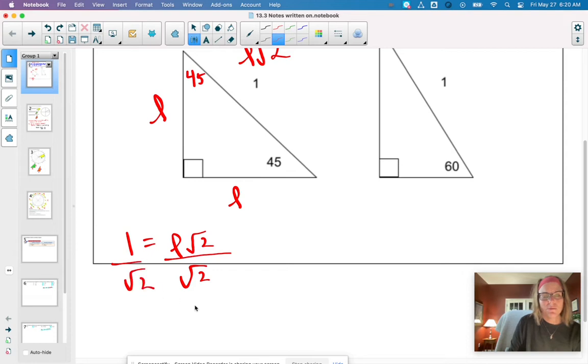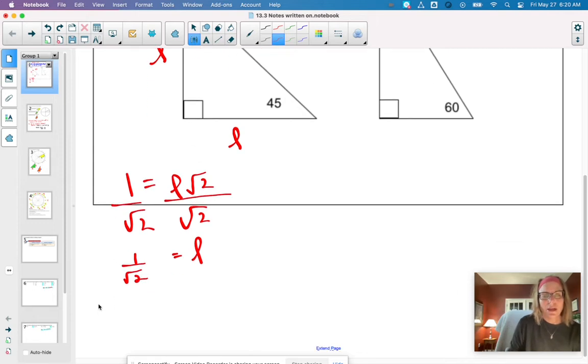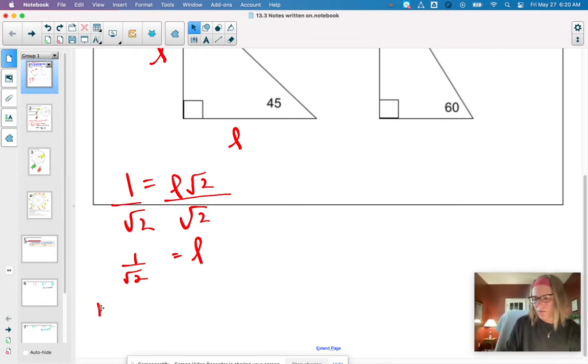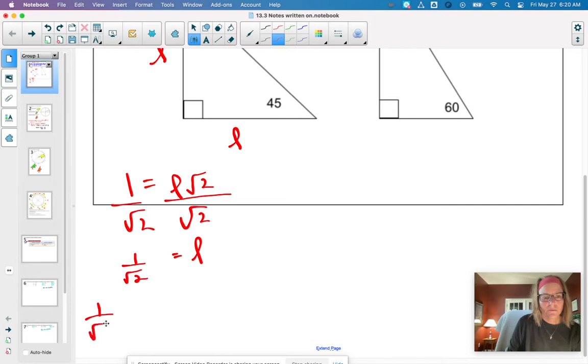root 2. So L is equal to 1 over root 2, but we don't ever leave the radical in our denominator. So what we're going to do is multiply the top and bottom by root 2. So that's the square root of 2 over 2.